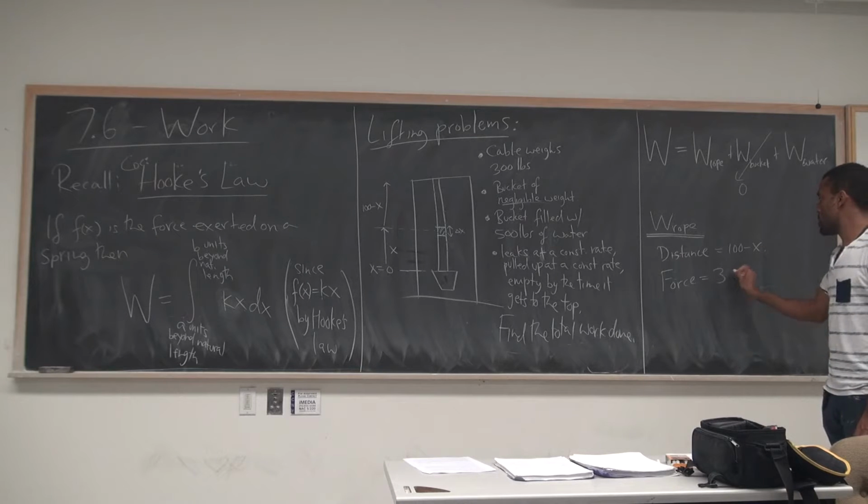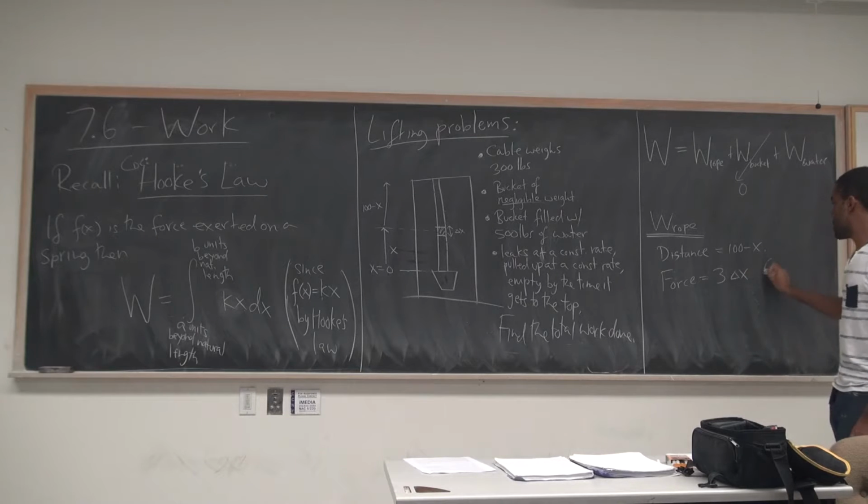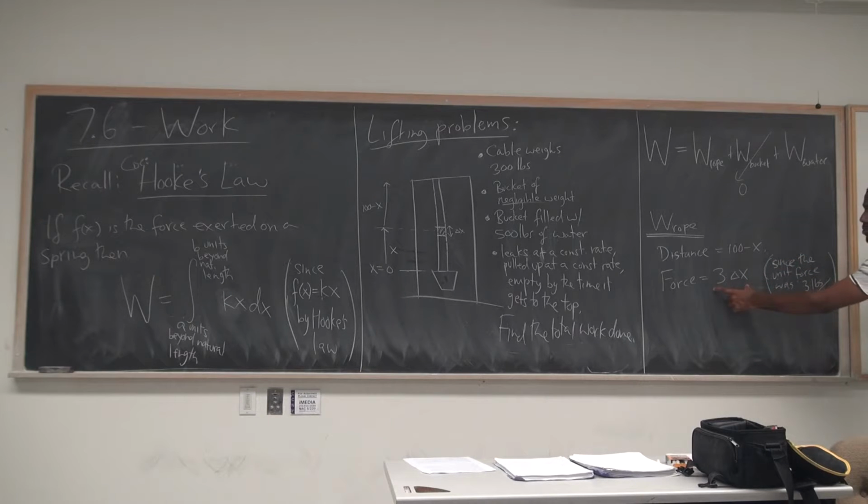It was 3 delta x, right? Since the unit force was 3 pounds per foot, right? So if the force is 3 pounds per foot and we have delta x feet, then the force for that is 3 delta x, right?